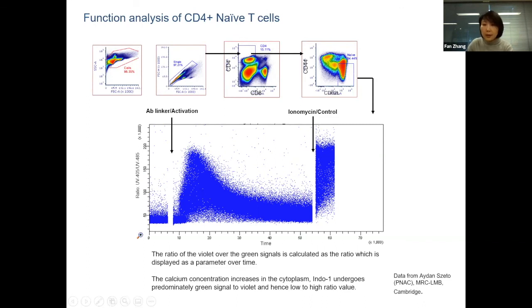So the calcium concentration increases in the cytoplasm. Indo-1 emits more violet light than green light. When we plot the ratio of violet light over green light against time, we can clearly see the activation of naive T cells in real time.